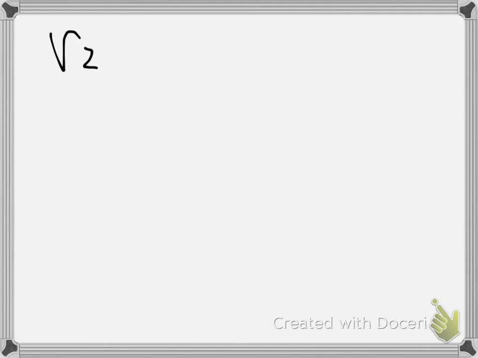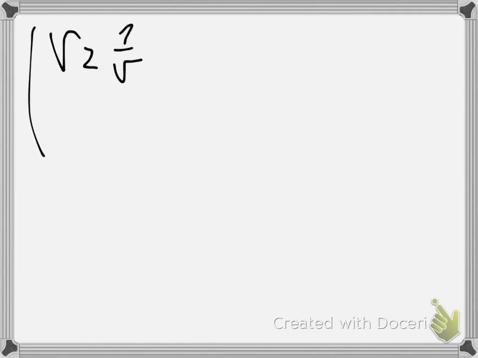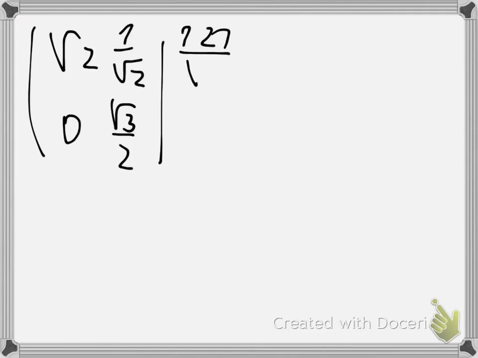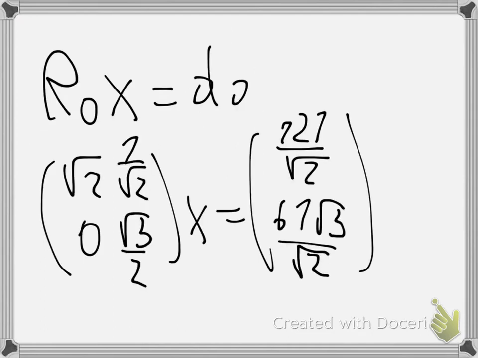So square root of 2, 1 over square root of 2. Okay, you can row reduce.